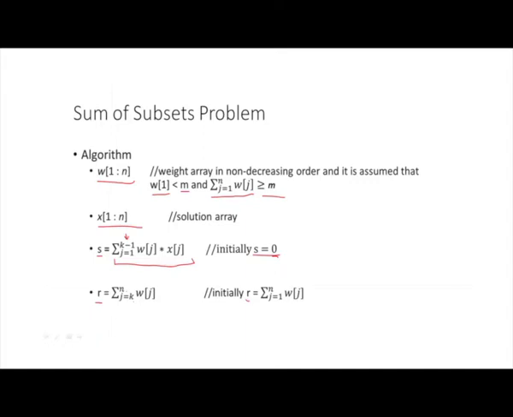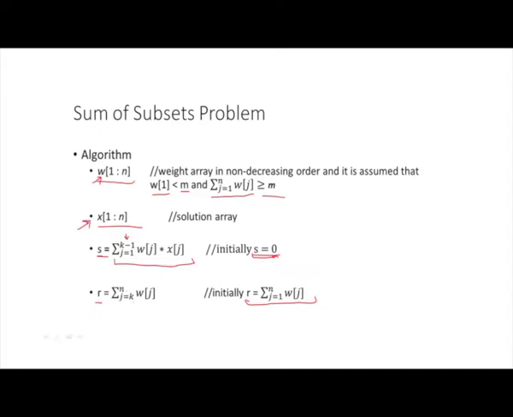K here means the level number at which we are taking the decision right now, whether to include the weight or not. So initially S would be equal to 0, and R would be equal to the sum of all the weights in the array. That is how we will be calling our function, the algorithm that we will be discussing shortly. We remember that this array contains weights in non-decreasing order.